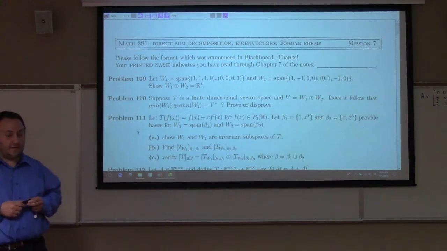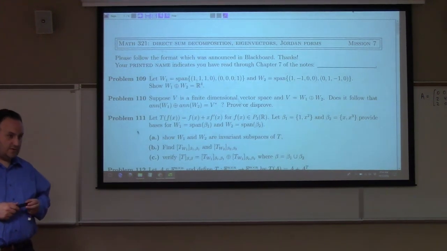No. Well, I think it would follow, right? What's the basis for W1 plus W2? It can be selected from the union of the basis for W1 and the basis for W2, generally.